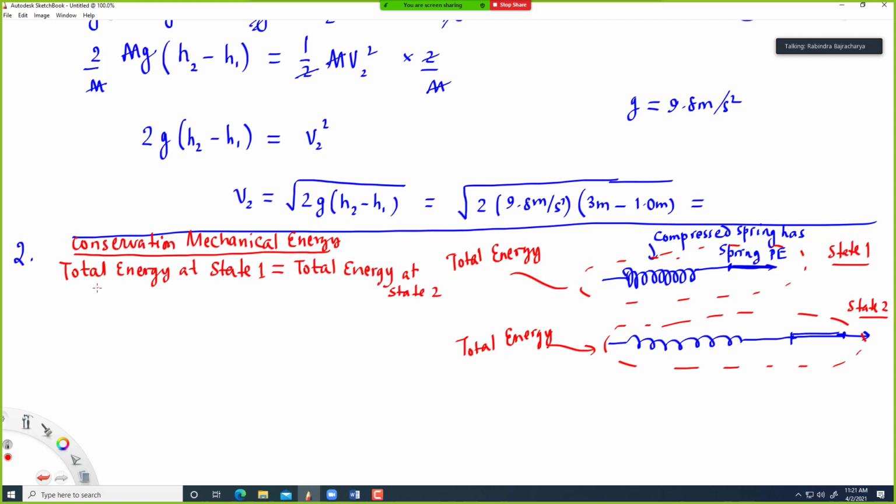So what are the energies in the system? The system has kinetic energy and potential energy, that's the mechanical energy. So this is at state 1, and then total energy at state 2 is kinetic energy at state 2 plus potential energy at state 2.